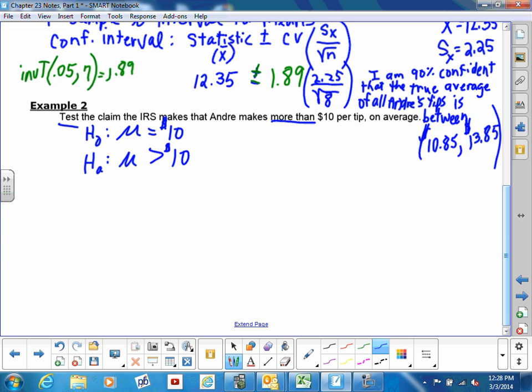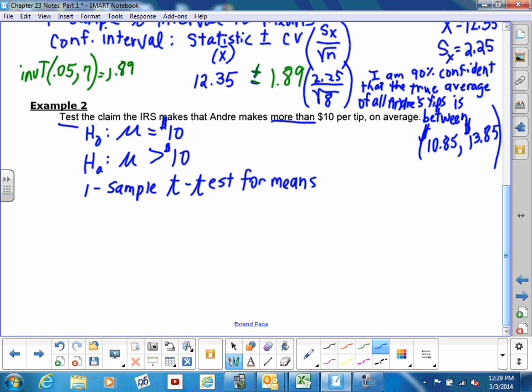Okay, so there's P and H. A is going to be the assumptions and conditions, which are already met. N is a one sample t-test for means.